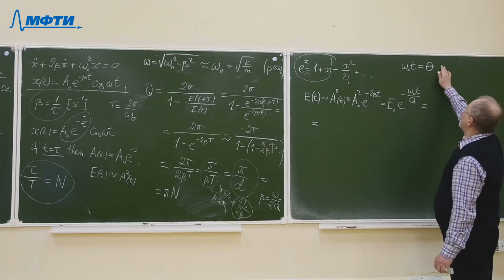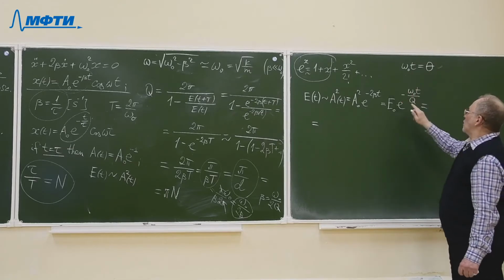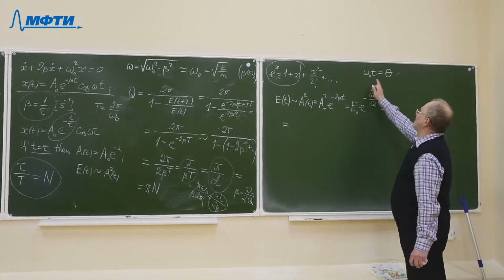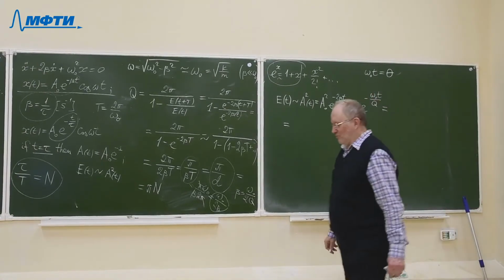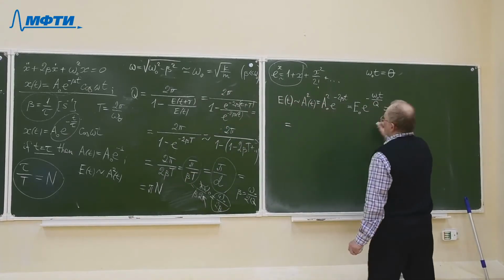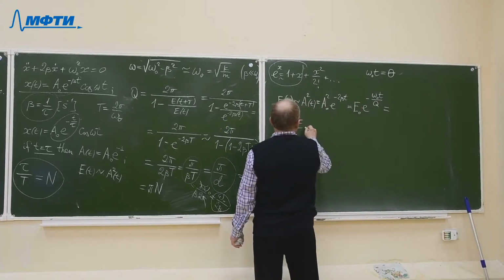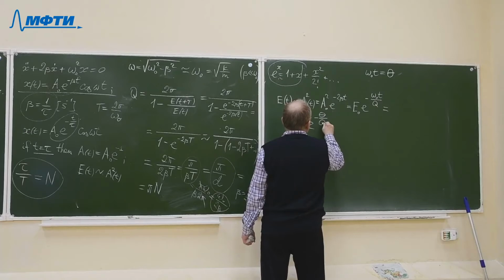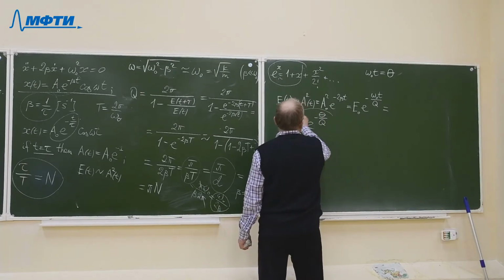The physical meaning of this dimensionless time is obvious. It's the number of radians covered by the oscillating system. Okay, in this case it will be E0 exponent minus dimensionless time theta divided by quality factor Q.